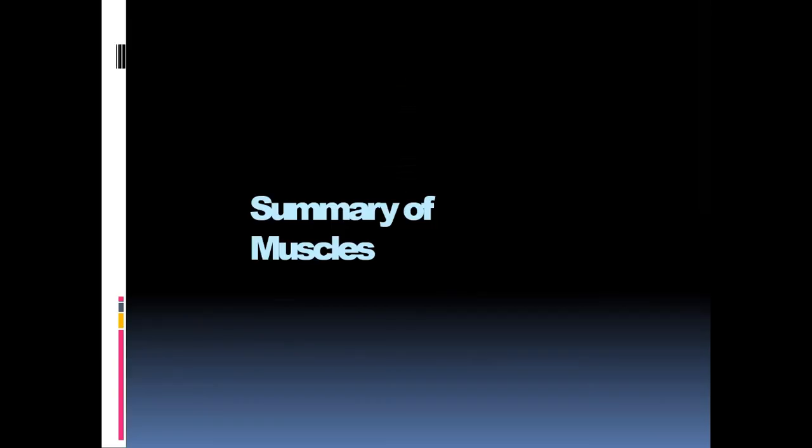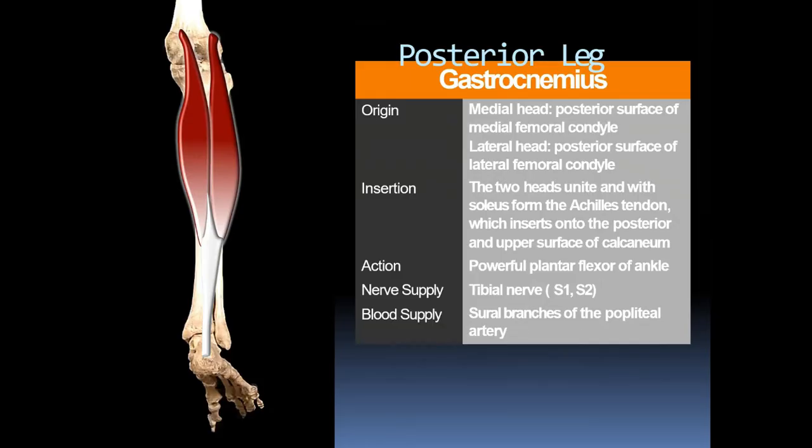Now see the summary of the muscles of the posterior compartment of leg. Number 1, gastrocnemius originates from the medial head. Medial head originates from the posterior surface of the medial femoral condyle. Lateral head originates from the posterior surface of the lateral femoral condyle.